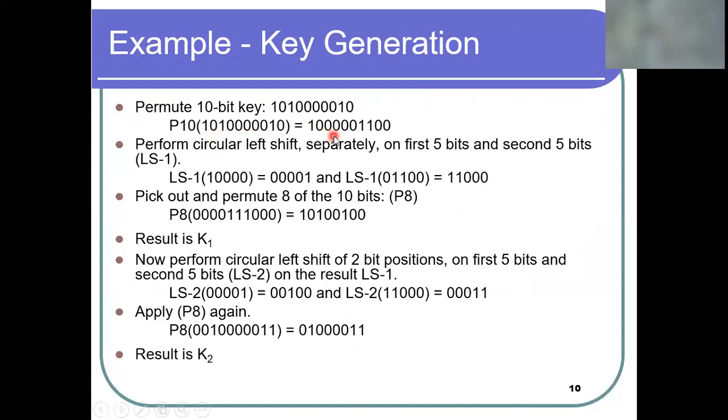And similarly we will perform all these calculations as given in slide number 17. By using this P10, we will apply P10 on this kind of input and get this output. So how can one apply a circular shift? We divide the output of P10 separately into 5 bits each, and apply a left circular shift on the left-hand 5 bits.